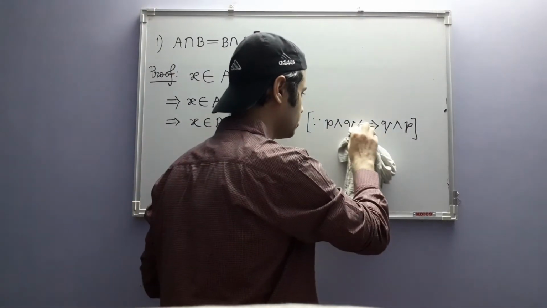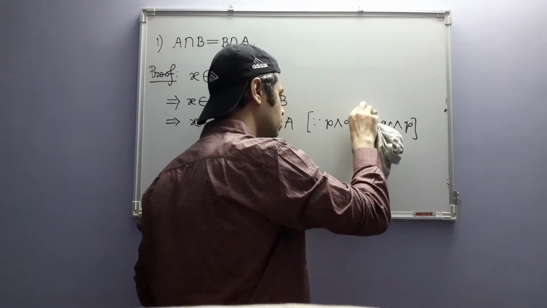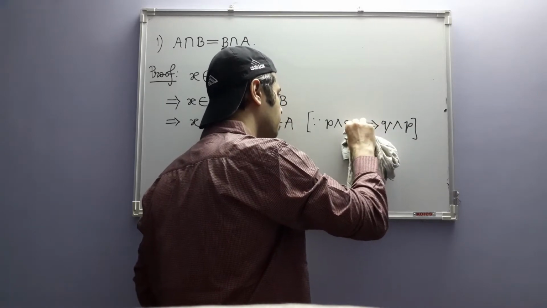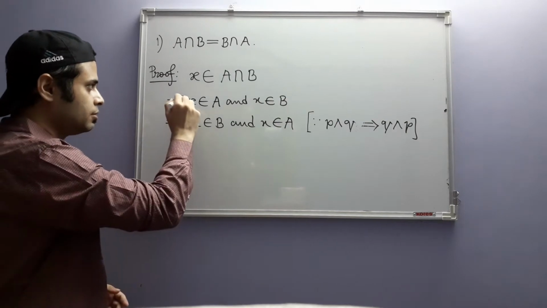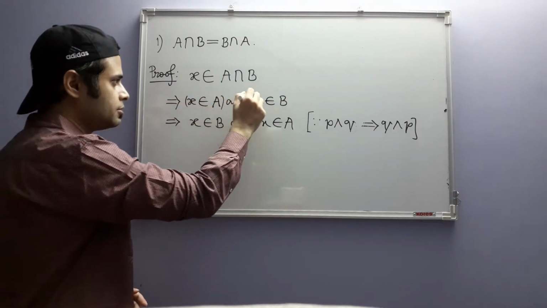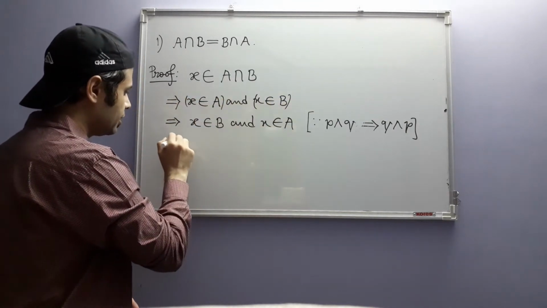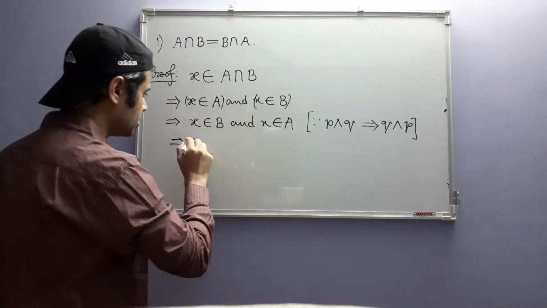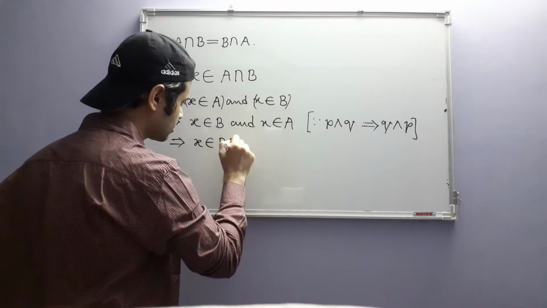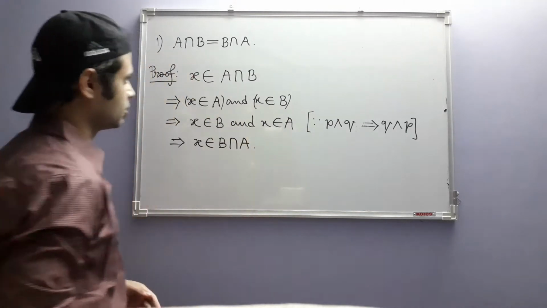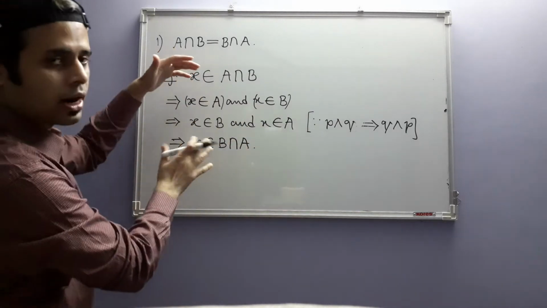Which one? This one. For us this is P and this is Q. So again, by the definition of intersection, this means x belongs to B intersection A. Okay, so this is your argument.